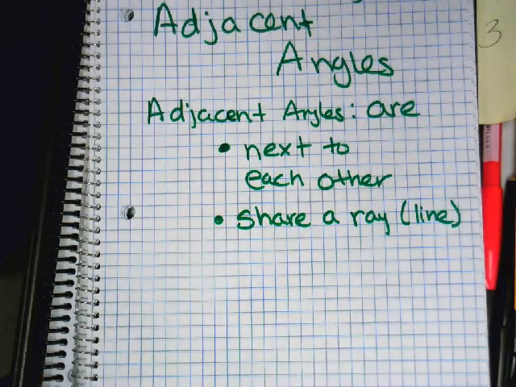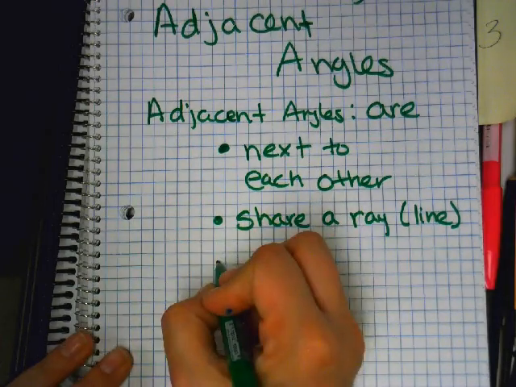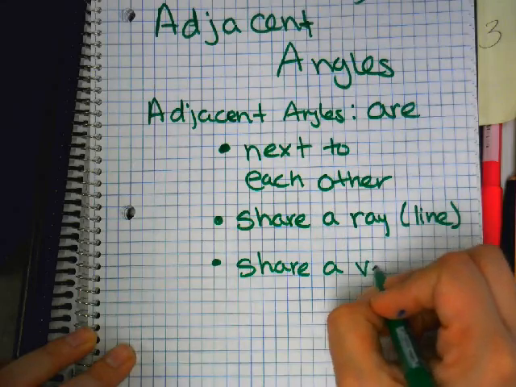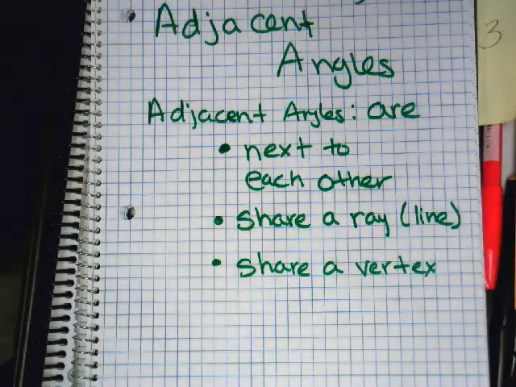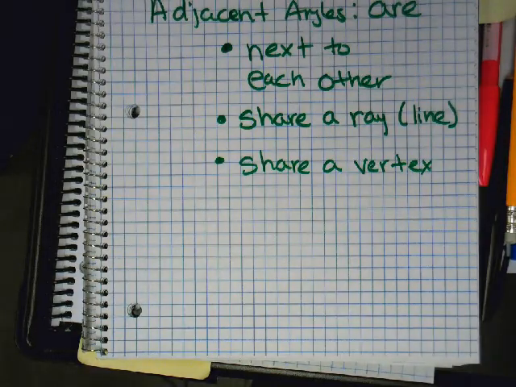I'll explain what a ray is in a second. And they share a vertex. Now, what in the world is that? These three things must happen for an angle to be called adjacent. They have to be next to each other, they have to share a line, and they have to share a vertex.